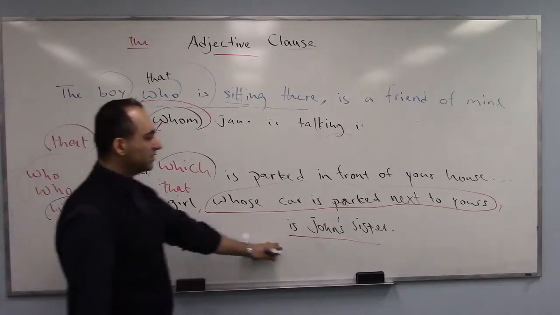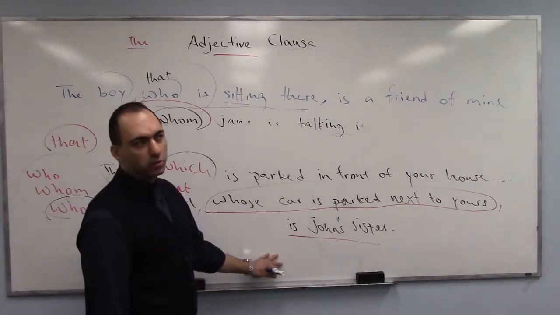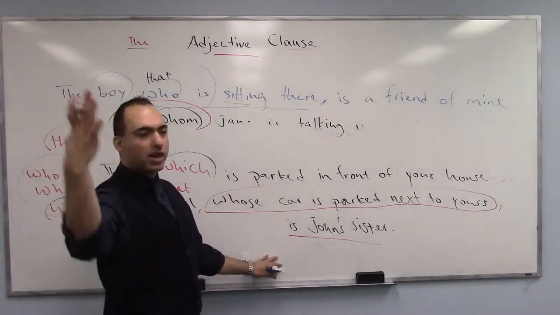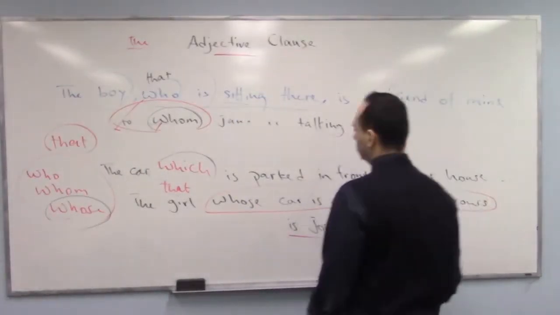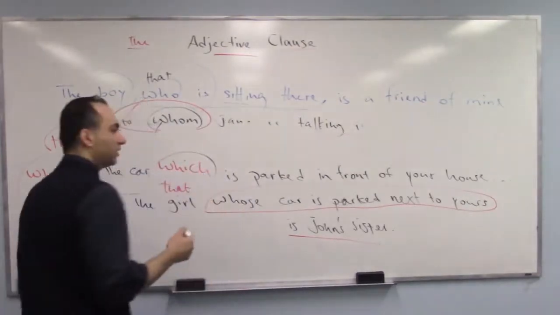Can I say the girl is John's sister? Which girl? If I can't say it, if I don't understand it, then I don't need these things because it's essential. We have restricted and non-restricted clauses.